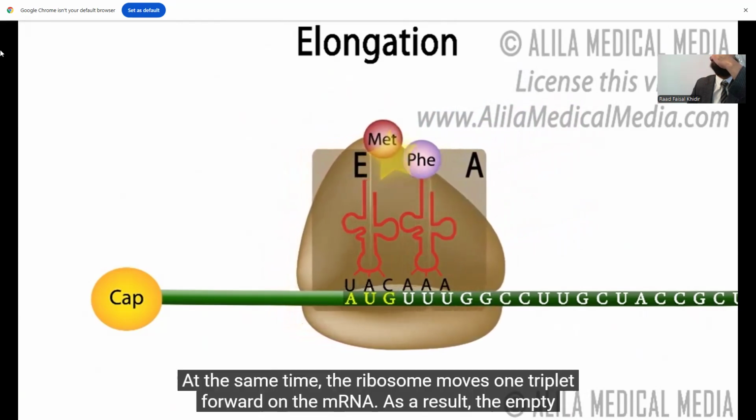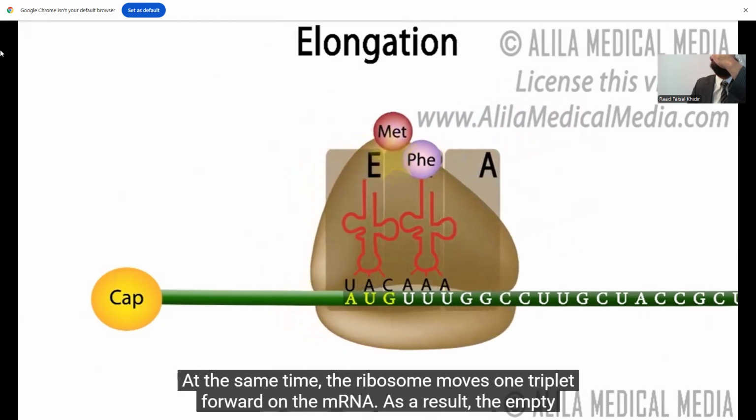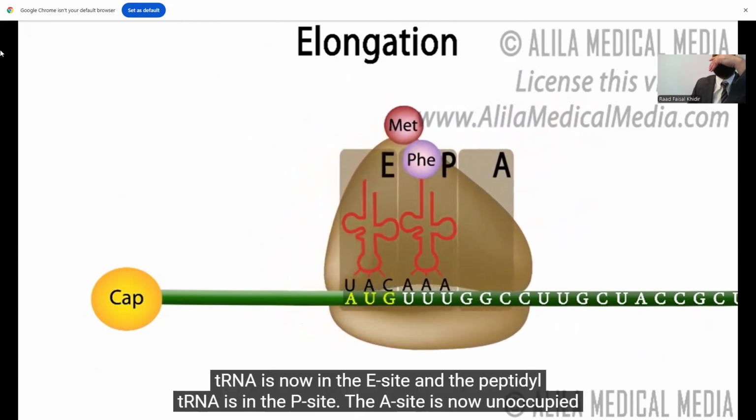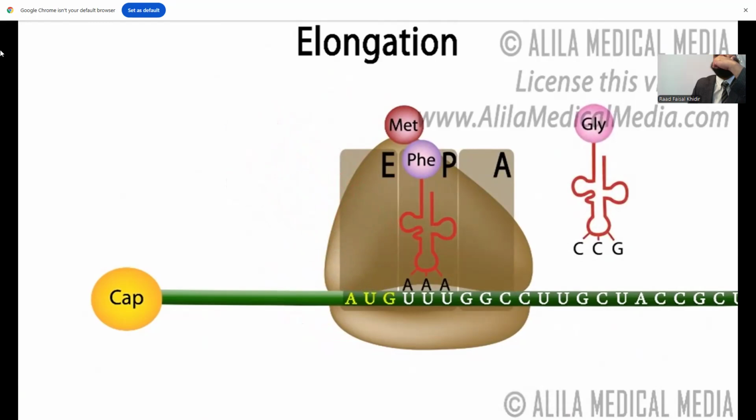At the same time, the ribosome moves 1 triplet forward on the mRNA. As a result, the empty tRNA is now in the E site, and the peptidyl tRNA is in the P site. The A site is now unoccupied and is ready to accept a new tRNA. The cycle is repeated for each codon of the mRNA.